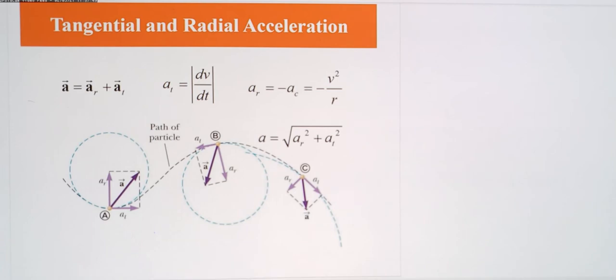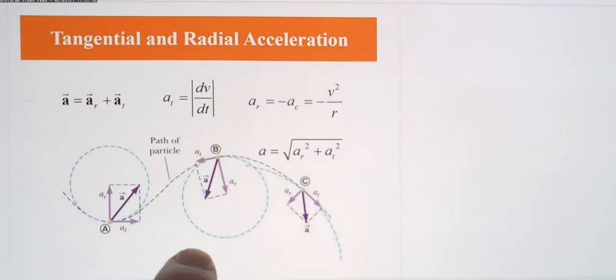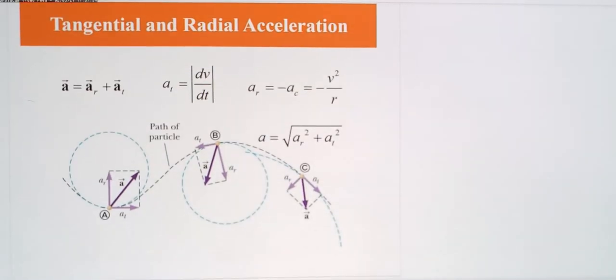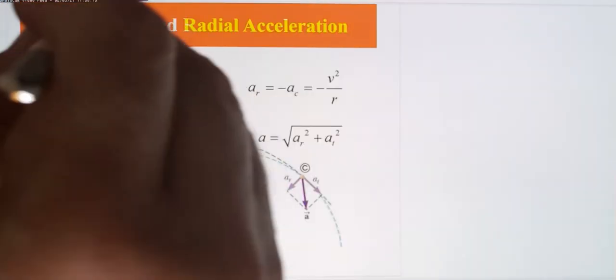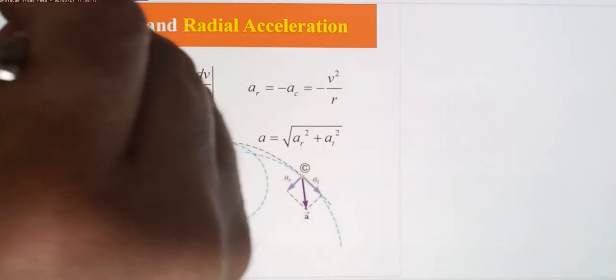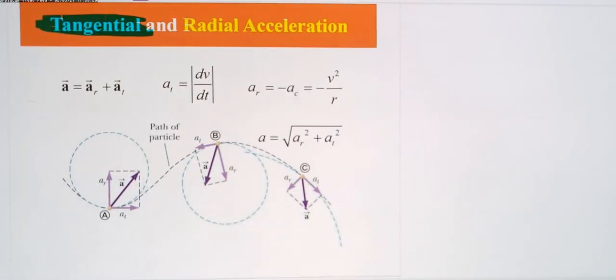Okay, the last slide in this lecture. Now we will have two accelerations. Radial acceleration, the one we just talked about and explained, and we have the old acceleration, which is linear acceleration or tangential acceleration.